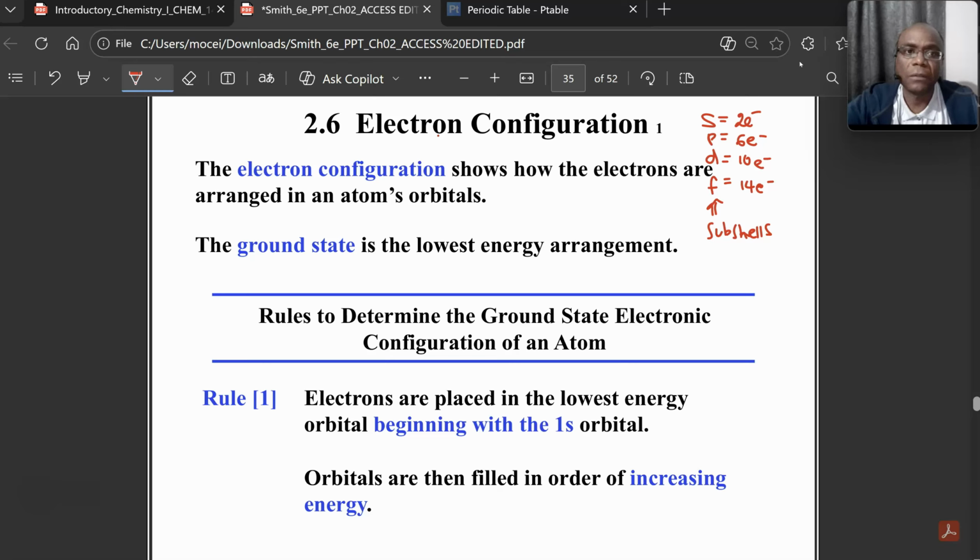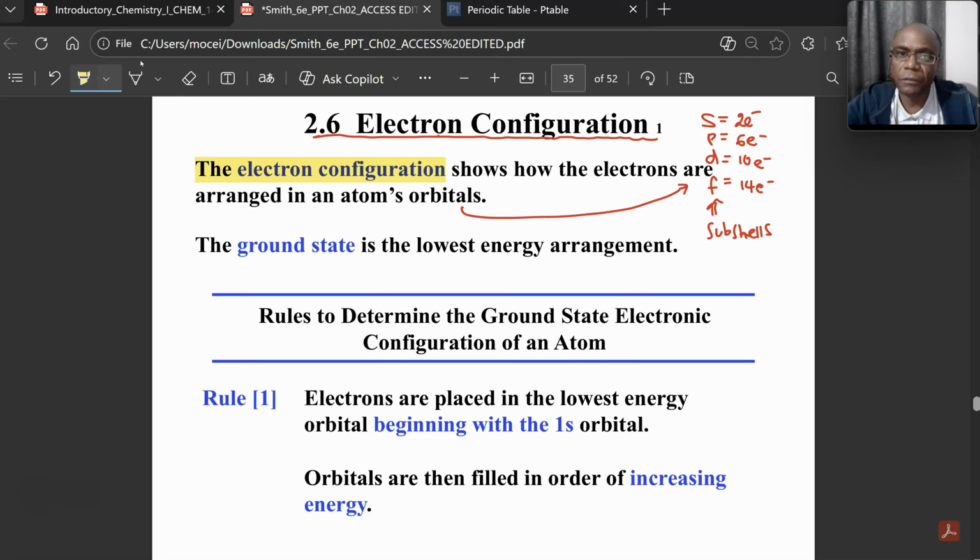Okay, so since we know this, now we can do what we call electronic configuration. What is to configure? To configure is to set up or to arrange. So let's describe electronic configuration, which is electron arrangements in these orbitals when looking at atoms of elements.